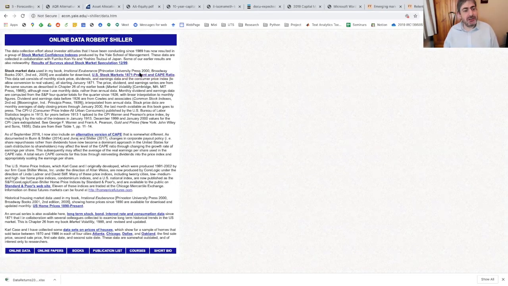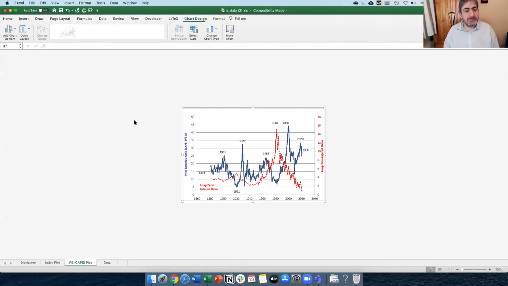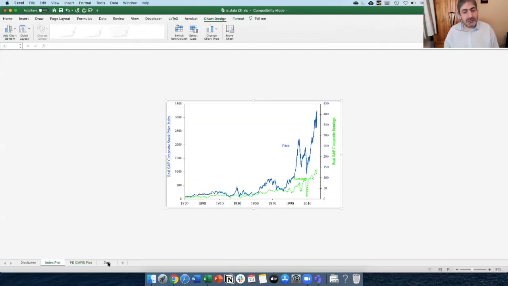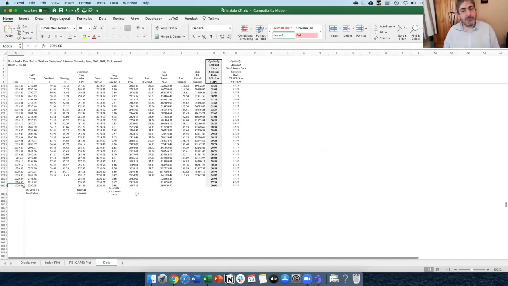And especially you find this file that has all the data on the US stock market from 1871 to last month. And among other things, you find all the data on CAPE, so the graphs and all the data that we've been using come from these tables.